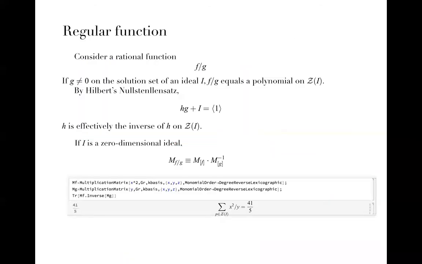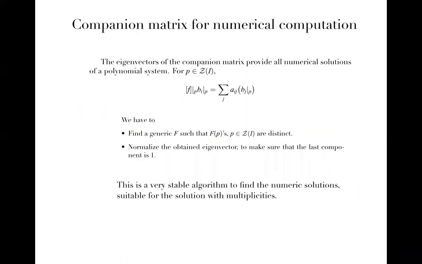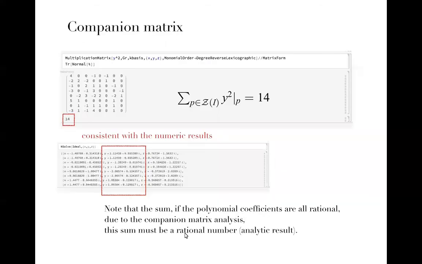So I think the last thing I want to say is, sometimes if you really want to get the numerical results, this list of numbers, the numerical solver is not very fast, not very stable.